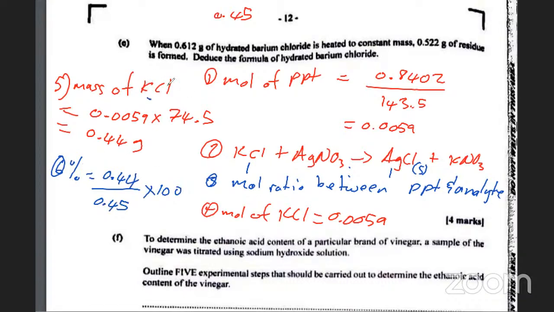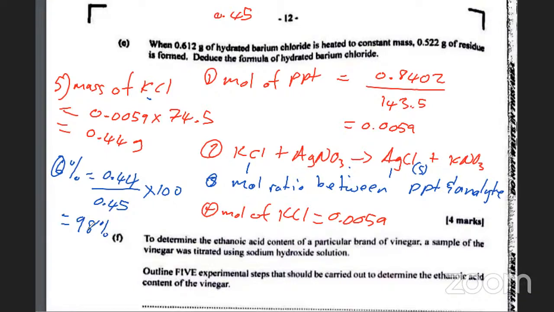So it was an impure sample of KCl, and they wanted the percentage purity. So for percentage, it is the mass of the compound they calculate over the mass of the sample times 100. 98%. So this is an example of precipitation gravimetry.